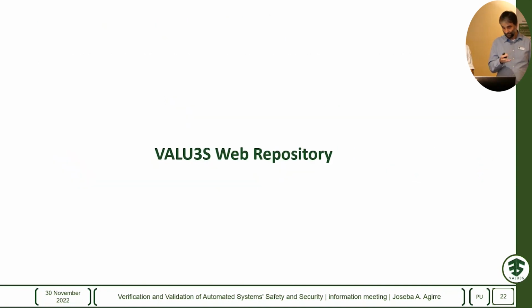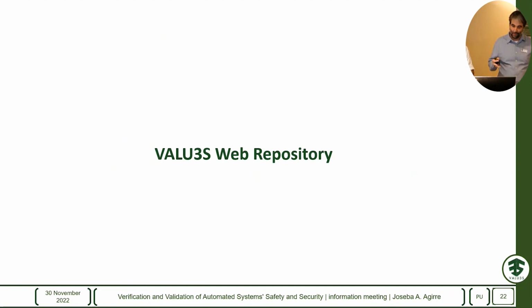Okay, so now we have been working a lot with this repository. We have coordinated a lot of partners to store all the data. We have been working, let's say, privately inside of the VALU3S project. So now we are going to show what we have made public. At this moment, the community can see all the information.